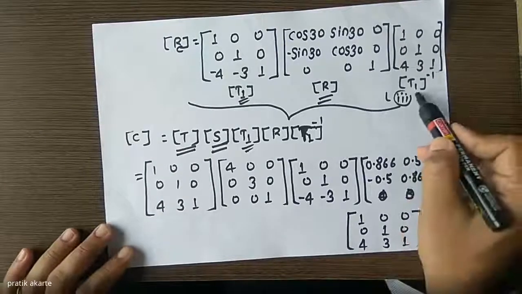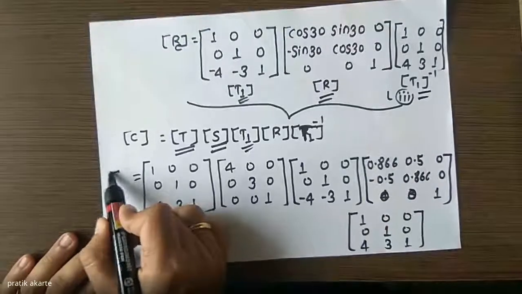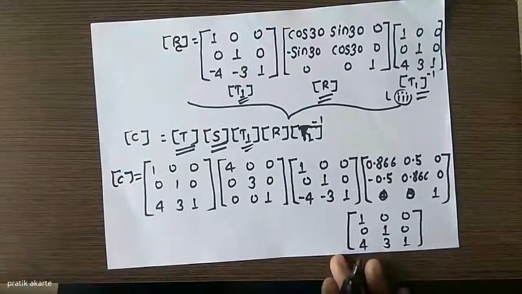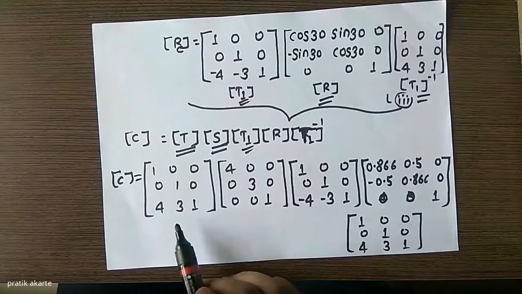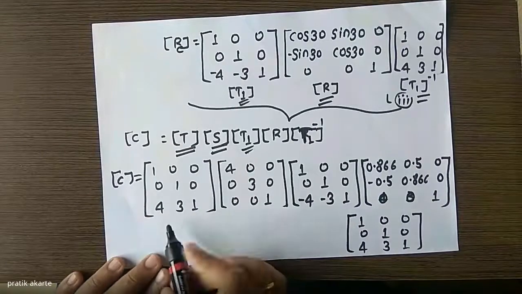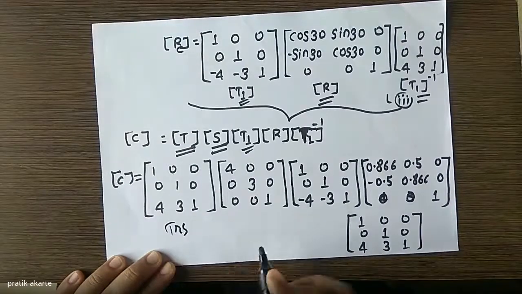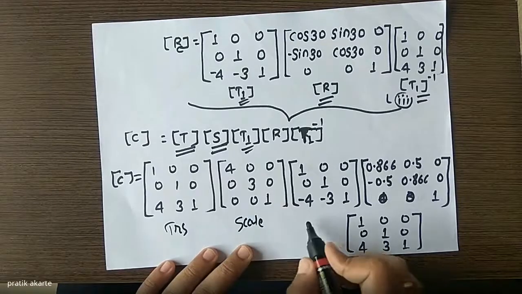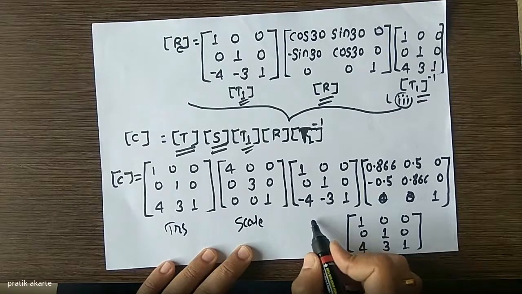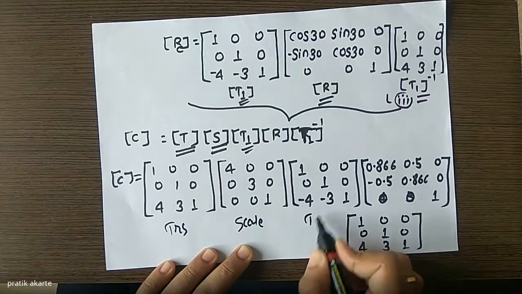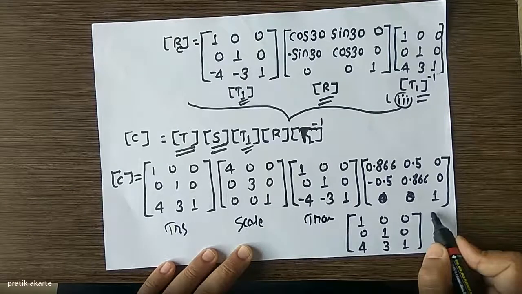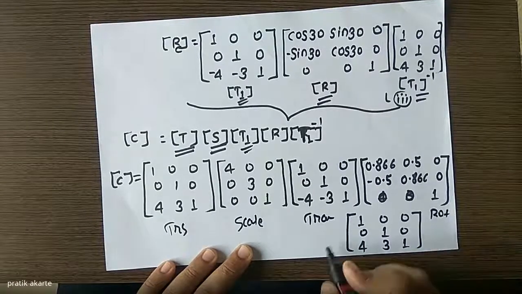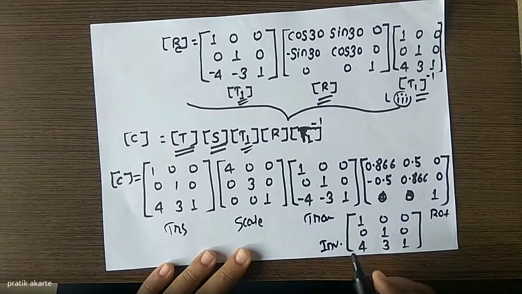Okay, so this is inverse translation. So you have to multiply this complete matrix. First is translation, then scaling, then this composite for again translation, then rotation, and this is inverse translation.